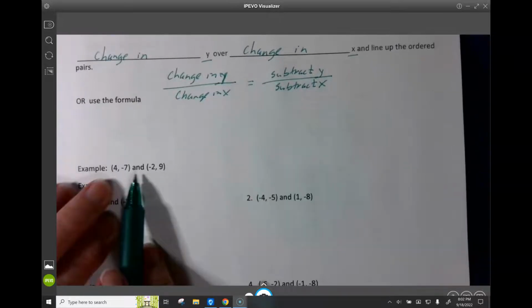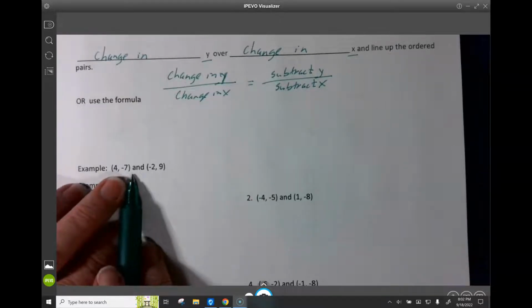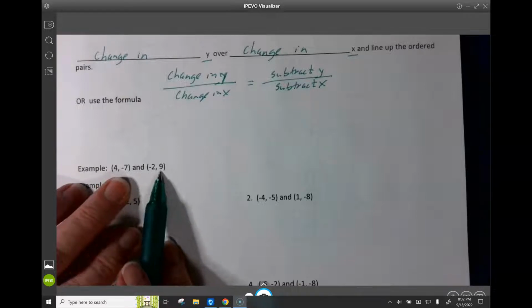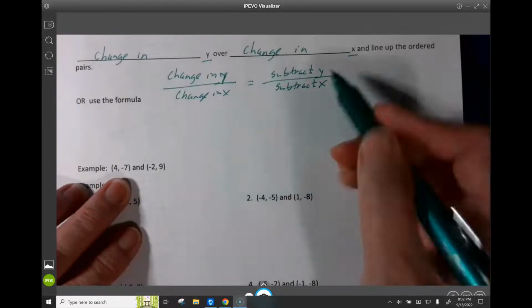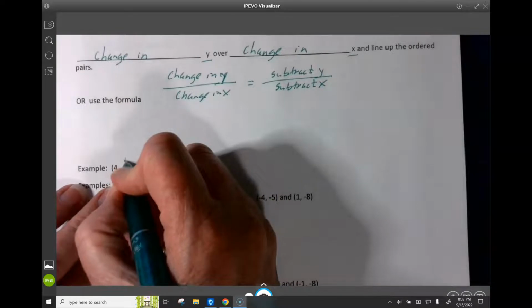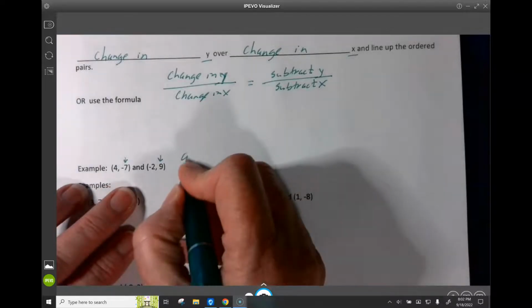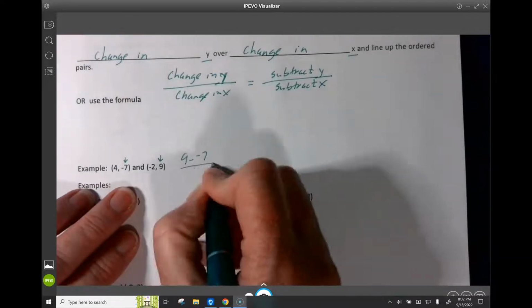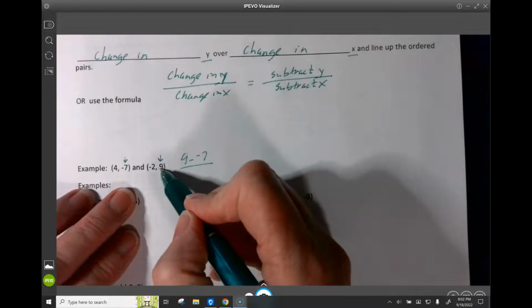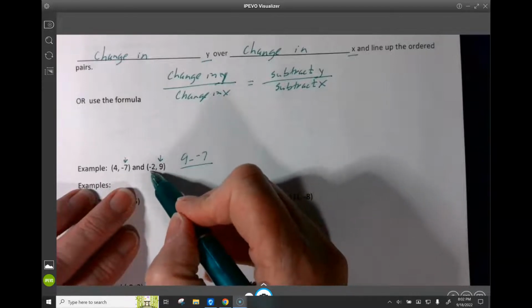So we're going to subtract. Here's our first example, (4, -7) and (-2, 9). We have to subtract y. So this is a y, and this is a y. Which one do you want to start with, -7 or 9? Okay, 9. 9 minus -7. Now here's the thing. I started with the 9, so don't I have to start with the -2?